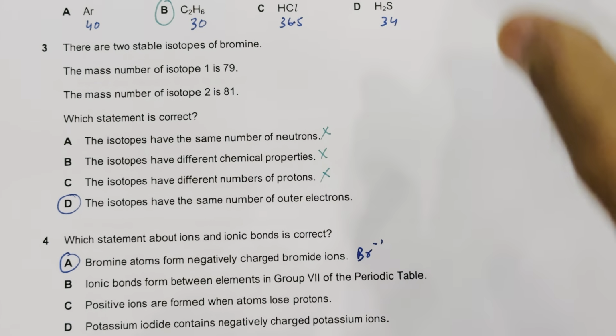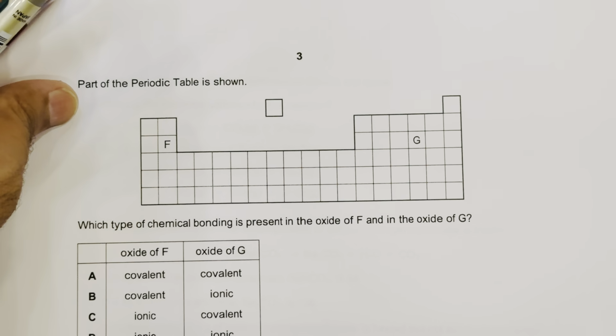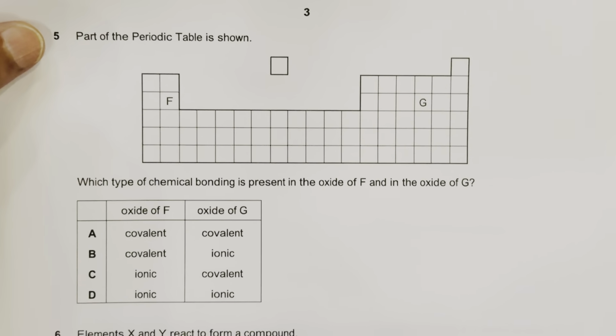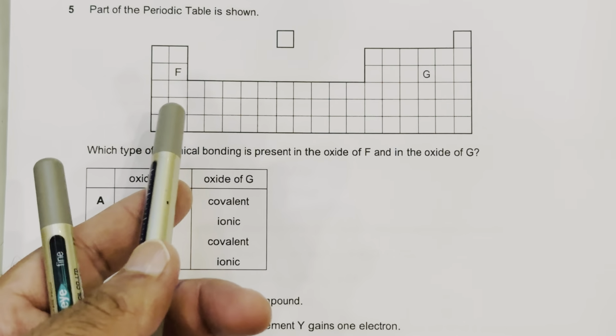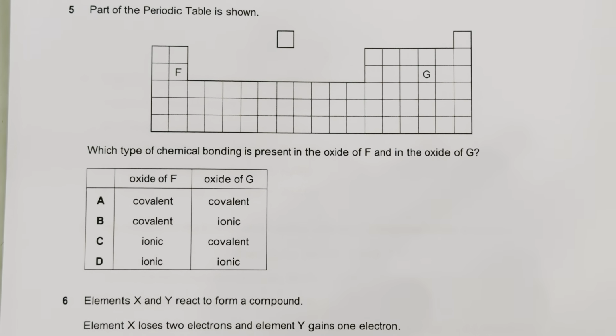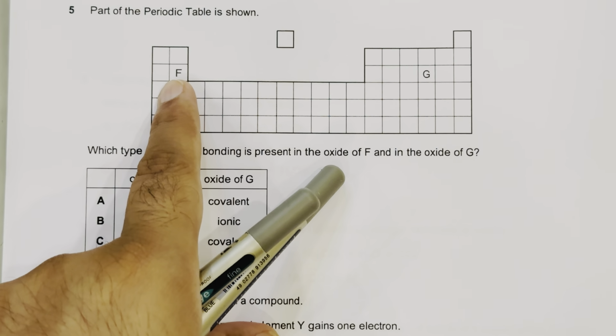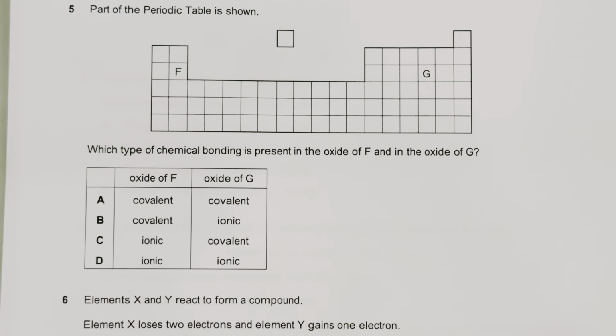Moving to question number 5. Question number 5 is from the topic of the periodic table. We can see that part of the periodic table is shown. Which type of chemical bonding is present in the oxide of F? We know that F belongs to group number 2, so it would be a metal, and a metal reacting with oxygen forms a metallic oxide, and the metallic oxide should have an ionic bond.